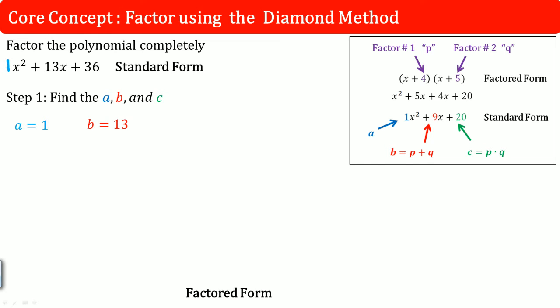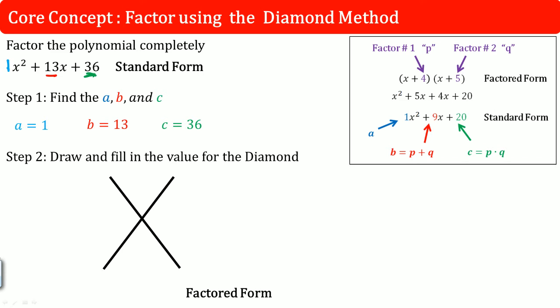B is 13. It is the number in front of the x. And C is the constant number. You should look at the color coding so you can see it. Remember, A, B, and C are just numbers.